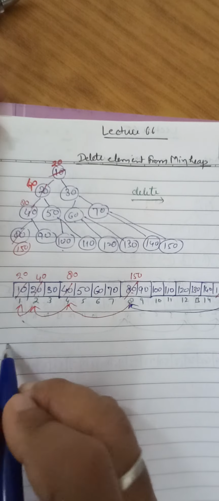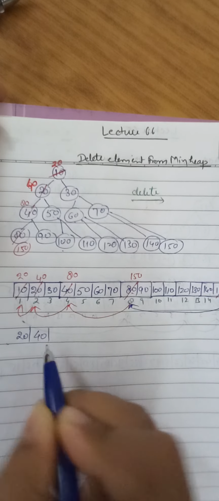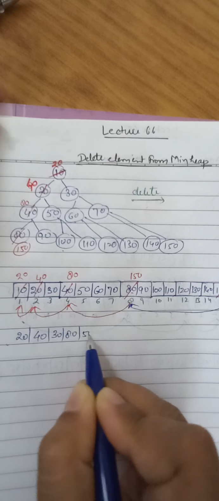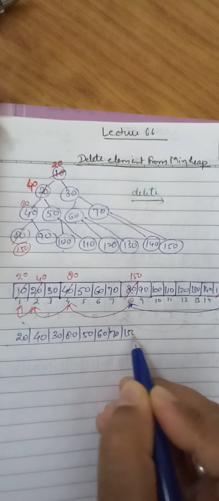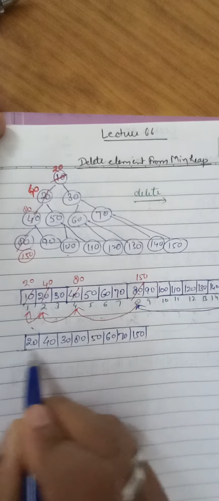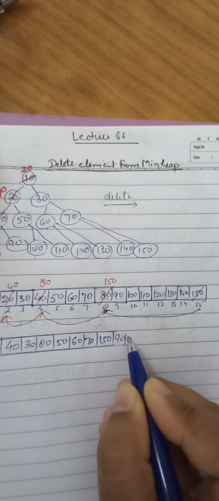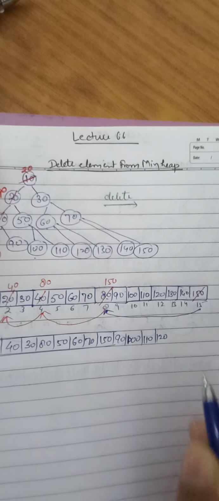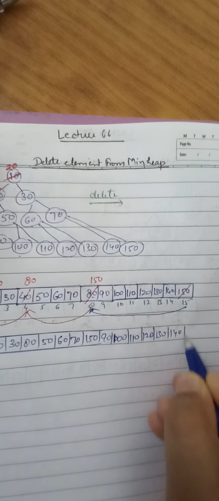Now what is left, we can see here: 20, 40, then 30, then 80, then 50, then 60, then 70, then 150, then 90, then 100, then 110, then 120, then 130, then 140.